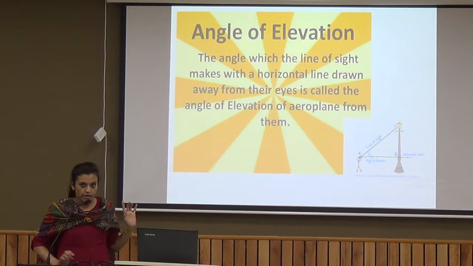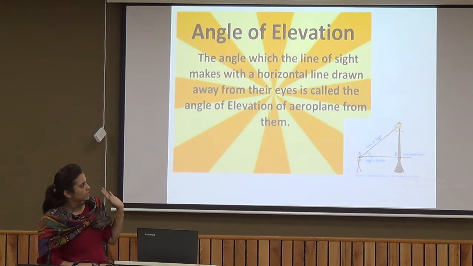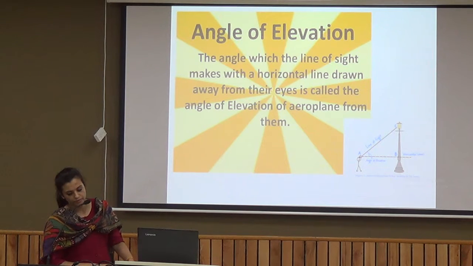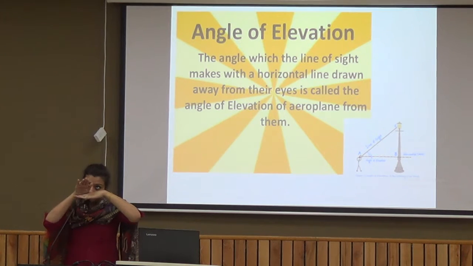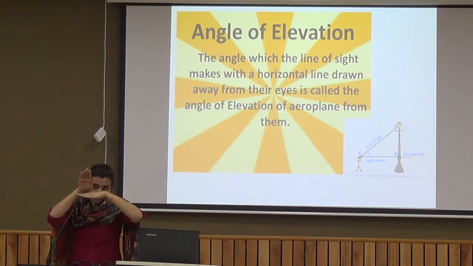Before this, let's look at the picture on the extreme right. Can you see that this person is trying to throw something towards this electric tower or this electric pole? Can you see the line of sight, that is AC? There is the level of eyes and the line of sight, that is the line joining my eyes to the object.